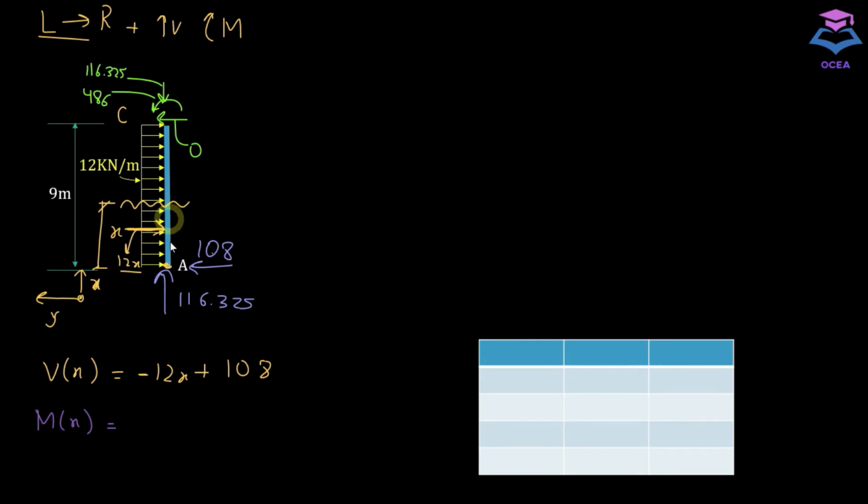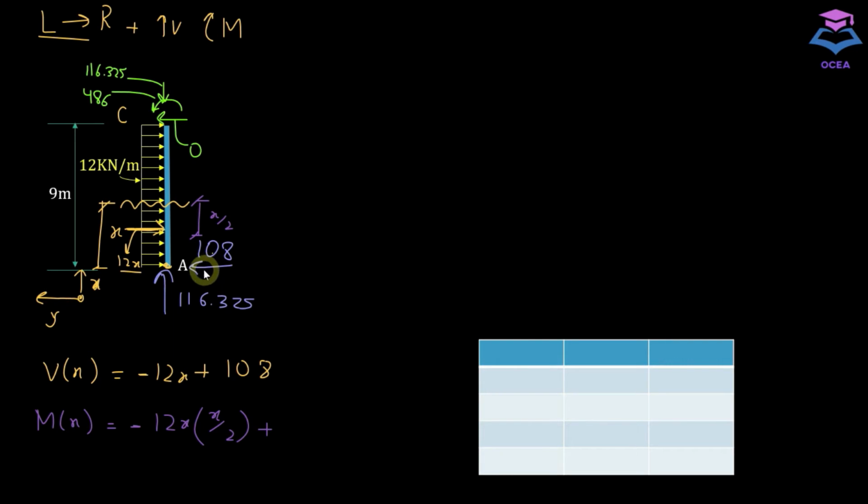Now for the moment: stand on the section, look at the left hand side, and take the algebraic sum of all the moments. We have this force 12x creating a counterclockwise moment, so this will be negative, because according to our sign convention, clockwise moment is positive. So minus 12x, and it has a moment arm of x by 2. Since the whole distance is x, if we divide it by 2, we get this half distance.